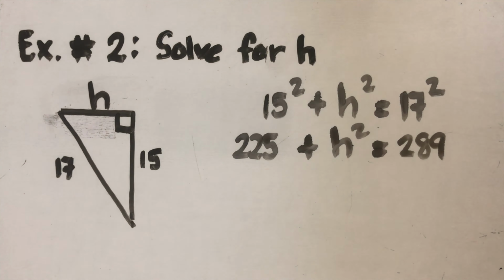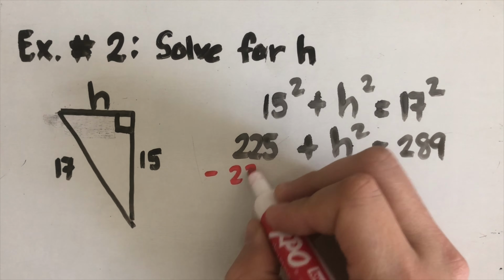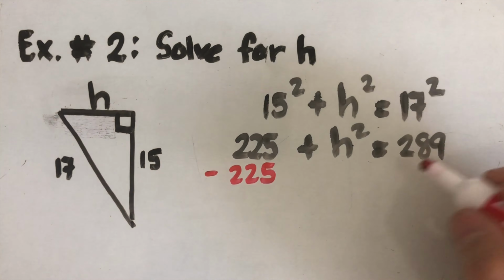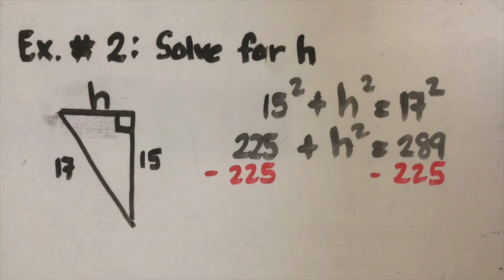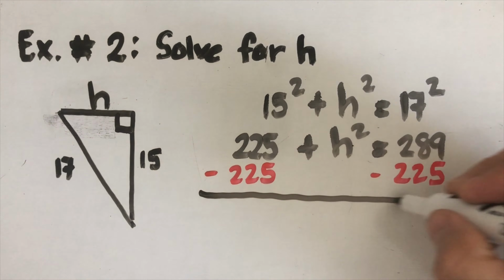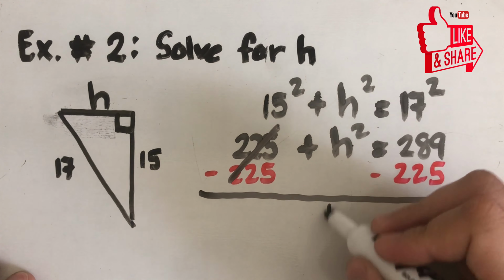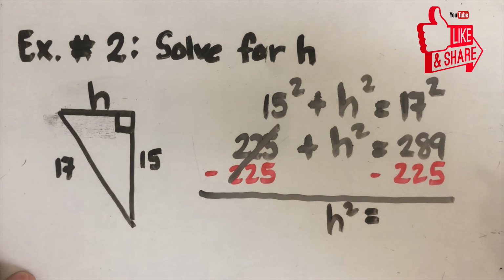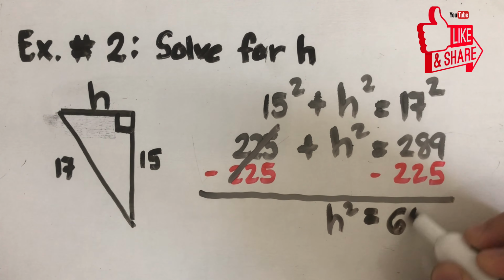Now, we are going to subtract 225 from each side, because we want the h by itself. So then we cross out the 225 here, and we are left with h squared equals 64. So 289 minus 225 is 64.